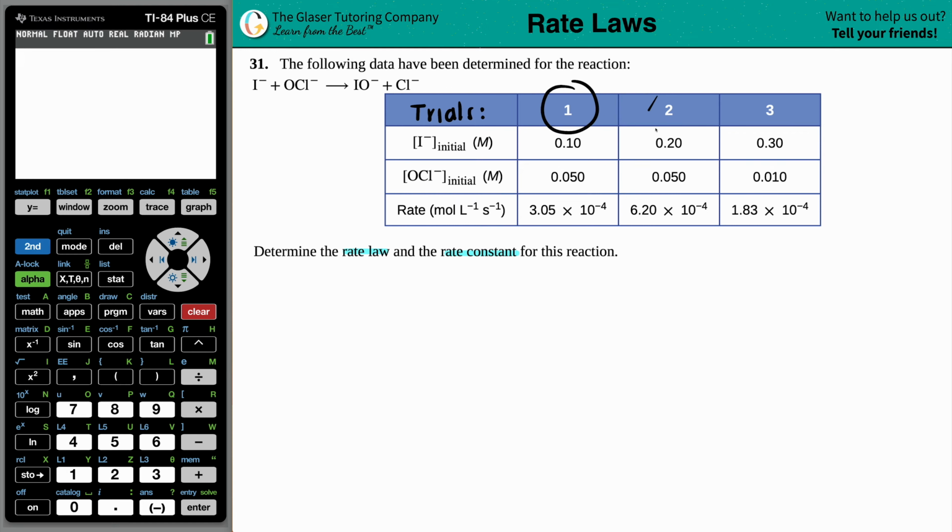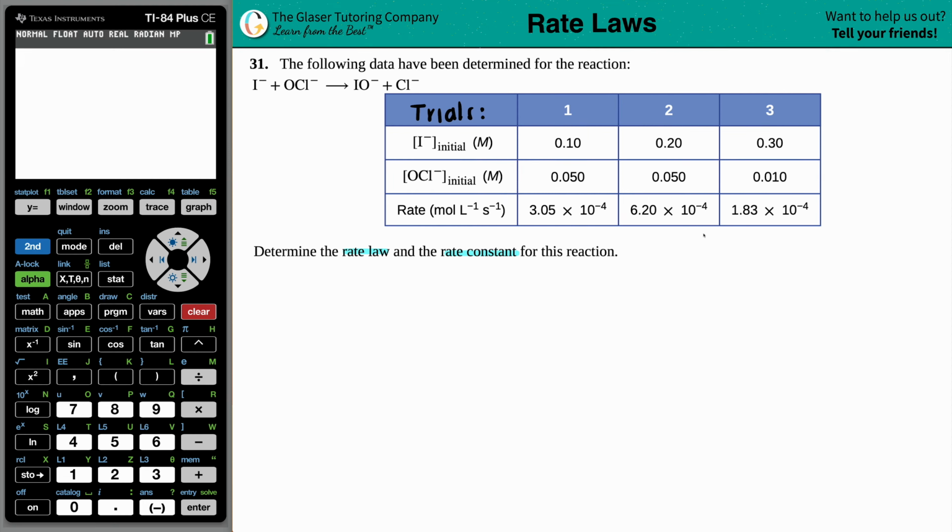But for each trial, we have a predetermined concentration, molarity, of I minus and a predetermined concentration for OCl minus. And with those concentrations, out comes a rate for that reaction, how fast that reaction is going to run. With different mix and matches of concentrations, you output a different rate of reaction.